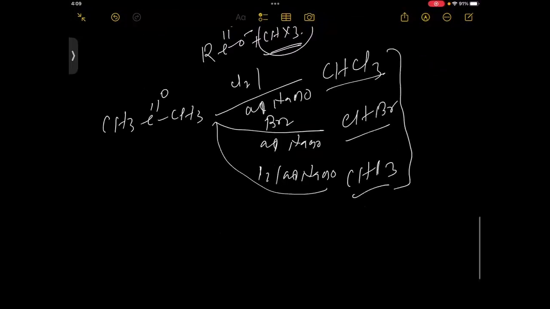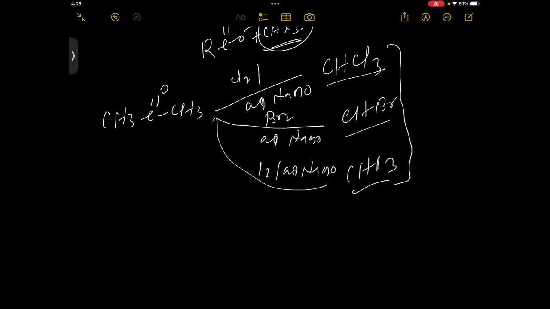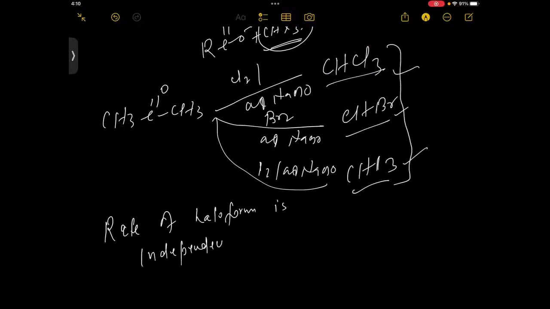No, students. The rate of formation of CHCl3 or CHBr3 or CHI3 will be totally the same, absolutely the same. Means the rate of formation of all these three are the same because, students, one thing keep in mind: the rate of haloform formation is independent of the concentration and identity of the halogens, correct?